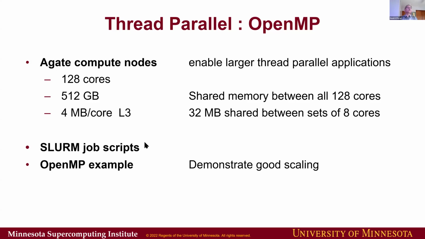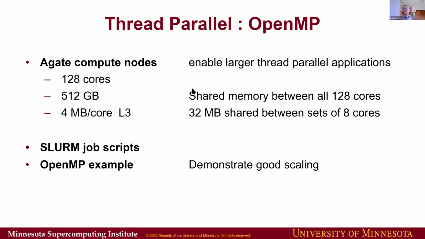With 128 cores and typically 512 gigabytes of memory and a substantial amount of L3 cache, this turns out to be a very powerful and flexible platform for doing these kinds of shared memory applications where you may want to run many threads to get a lot of compute power and get a faster turnaround time for your result.